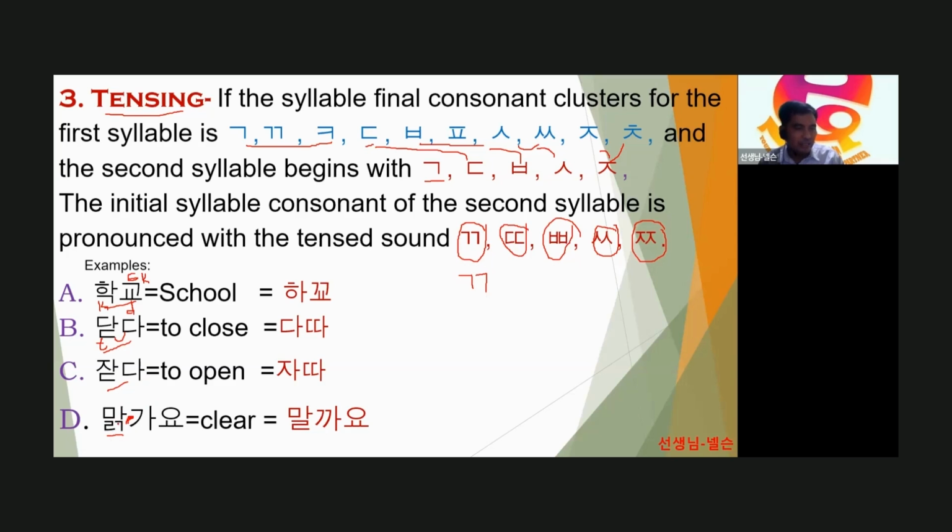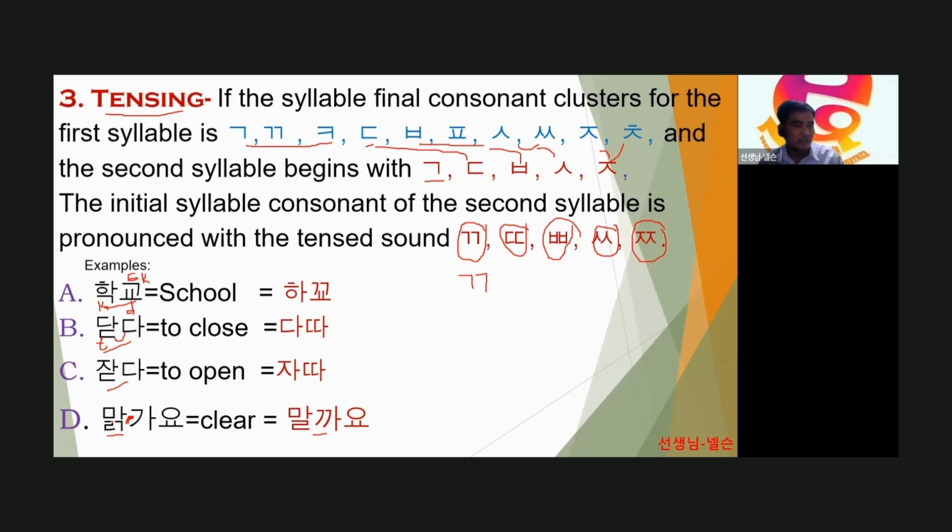Then this character will be carried by the same character, so it becomes ka. Mal, instead of mal, you might get confused. For example, without the vowel, the pronunciation is mak.